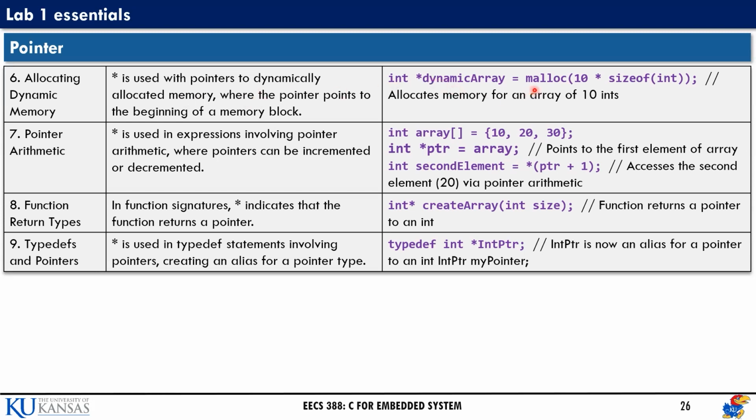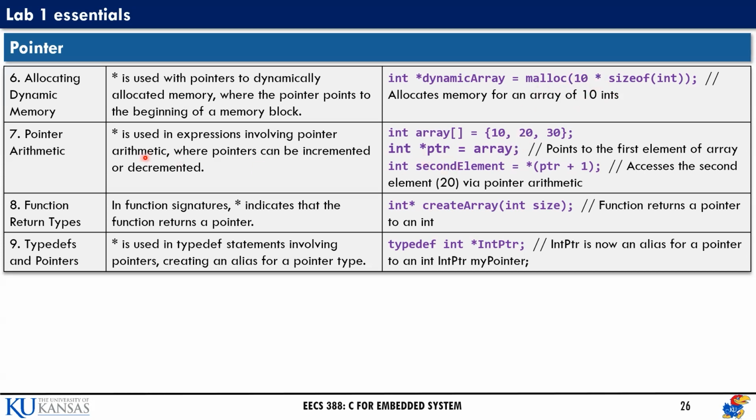We can do that using this keyword malloc. Here you can see we also use the pointer notation to dynamically allocate the memory. And here we are allocating the size of 10 integers. So if we know the size of an integer is 32 bits, here basically we are dynamically allocating 320 bits.